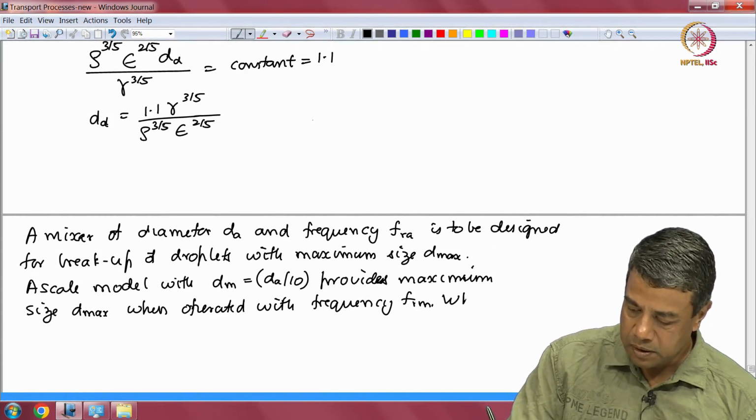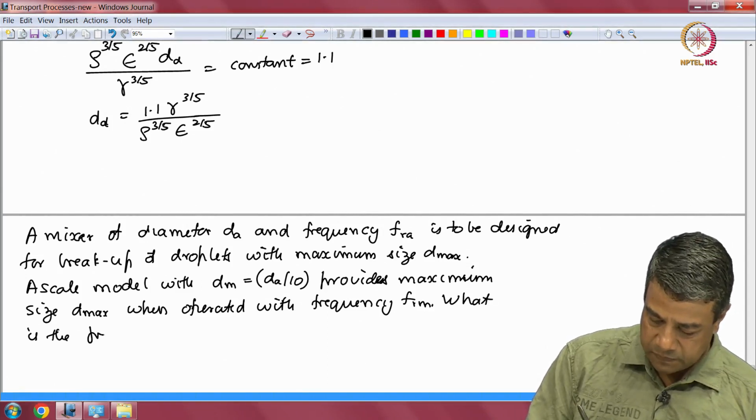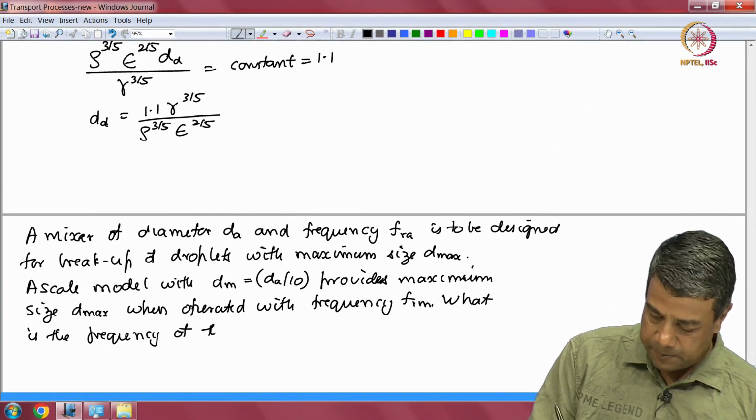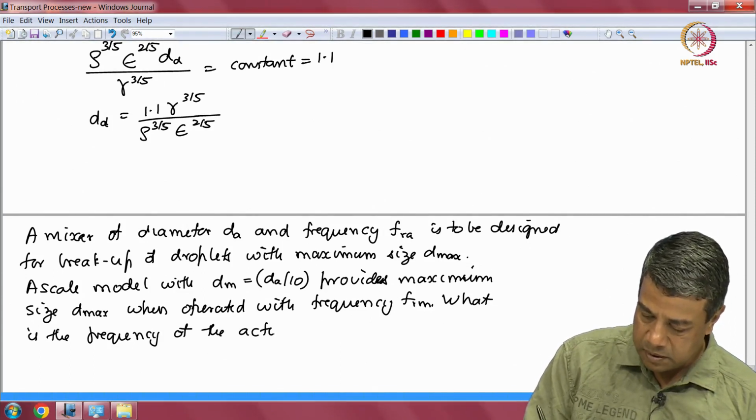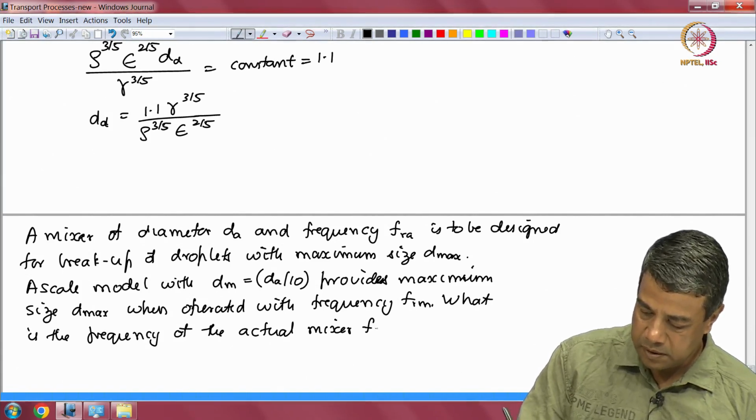What is the frequency of the actual mixer, FA?